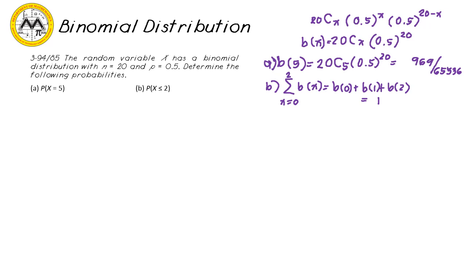Again, summation of 20 combination x from 0 to 2. This is approximately 2.012 to 0.0123 times 10 to the negative 4.